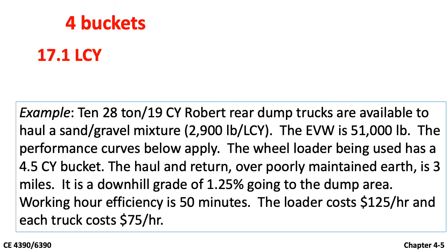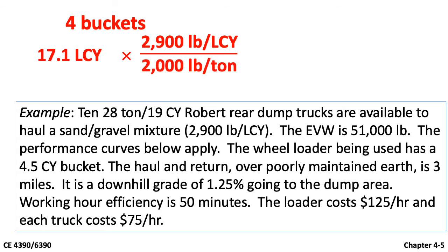To calculate the weight, you multiply it by the unit weight of the material, 2,900 pounds per cubic yard, and divide by 2,000 pounds per ton to convert pounds to tons, and finally you get 24.8 tons. This is less than the rated weight, which is 28 tons, so it is okay.